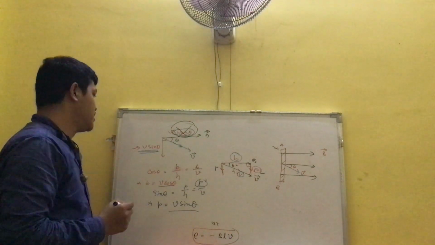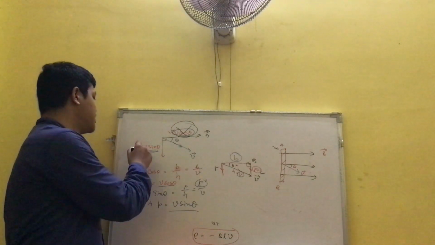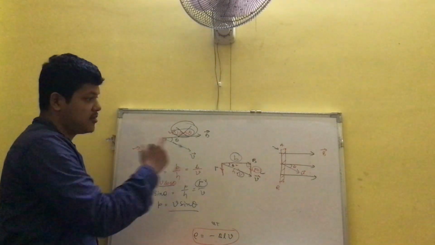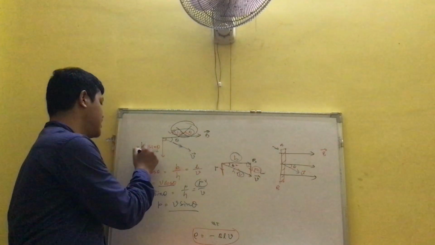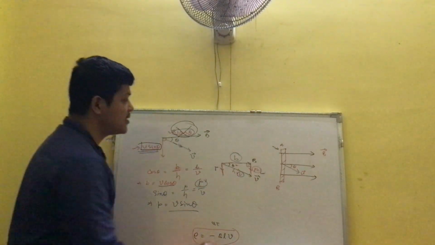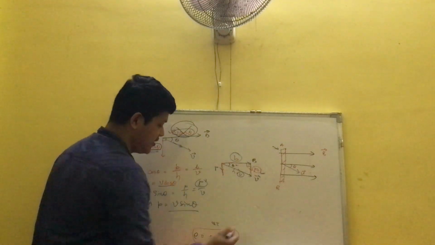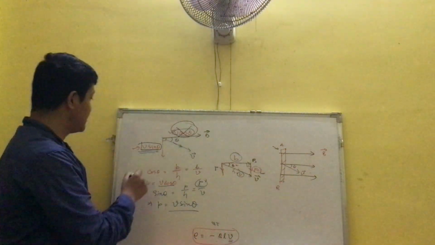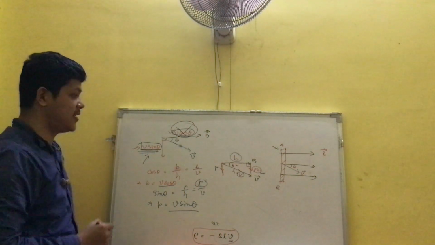The component which is responsible for this change in flux is this v sin theta. So if the rod is moving in this direction, this v should be replaced by this component v sin theta.